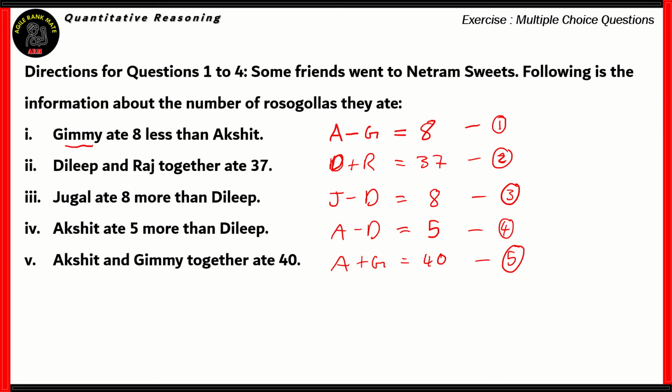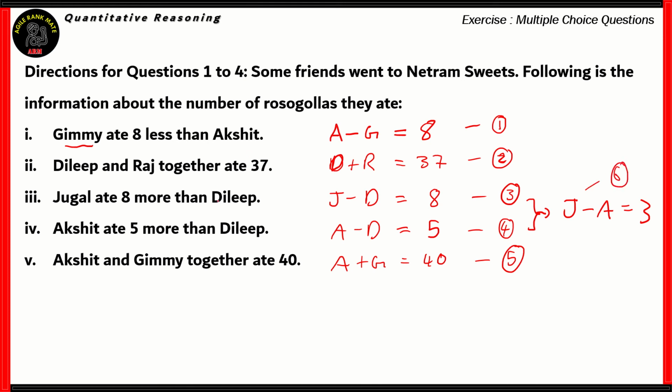Well, before we go there, we actually get an equation that we can deduce from 3 and 4. J minus D is 8 and A minus D is 5. So therefore, J minus A is going to be equal to 3. Let's consider this to be equation 6, and let's start solving.